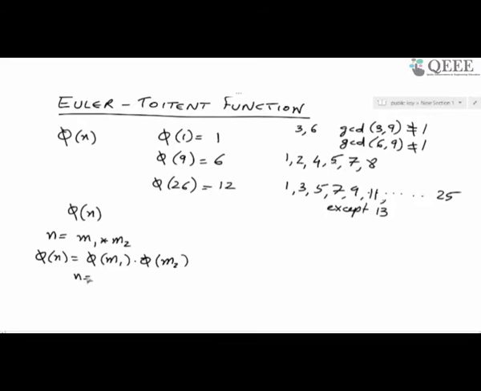We have taken n equal to 26, which is 13 into 2. Now phi of 13 is equal to 12 and phi of 2 is equal to 1. So phi of 26 is 12 into 1, which is 12.